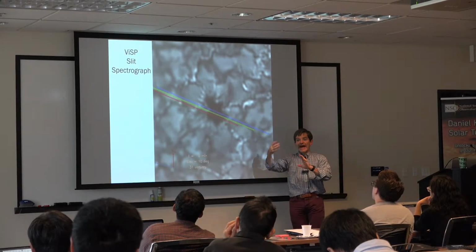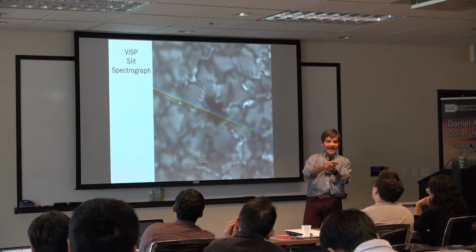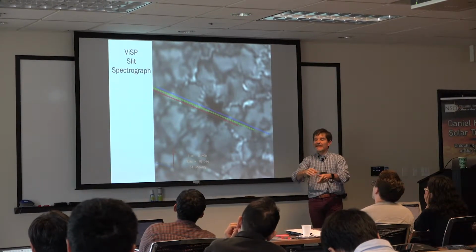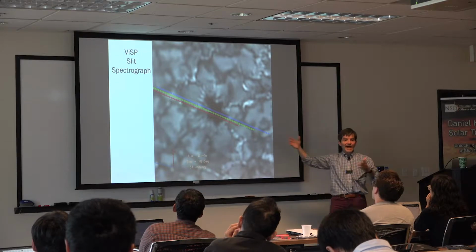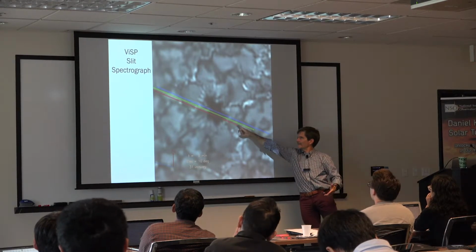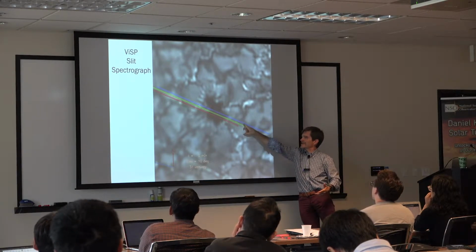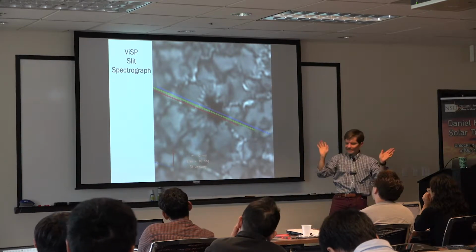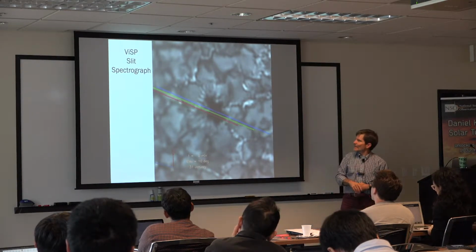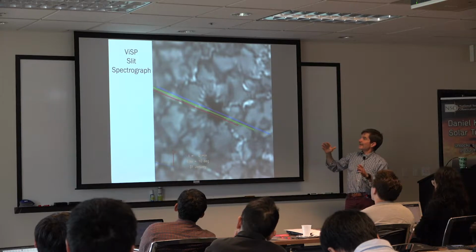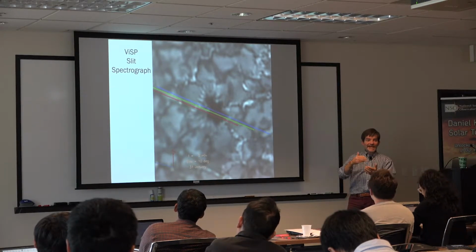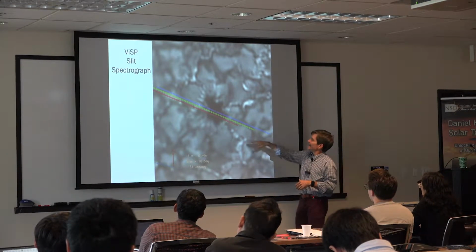Part of the goal of having these three wavelengths is that you're observing the same parts of the sun at the same time, because otherwise, if I try to interpret the spectrum in this spectral line taken here with a different spectral line taken here, you don't know what you're going to be getting. And so you really want to observe, in many cases, these things at the same time.